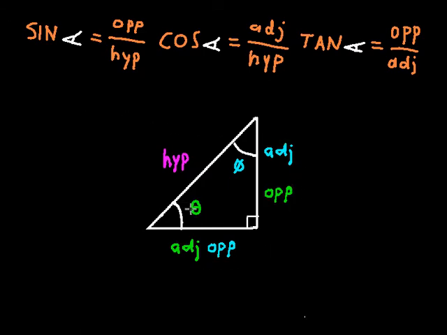Okay, and our definitions, obviously theta, the adjacent is here and the opposite is here. Psi, the adjacent is here and the opposite is here. And hypotenuse is always the longest side directly opposite the right angle, 90 degrees.